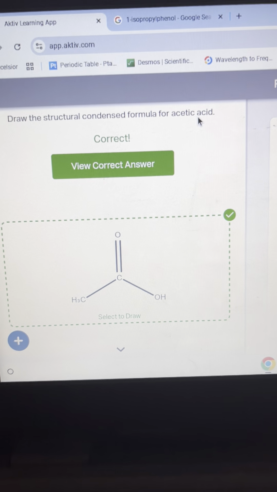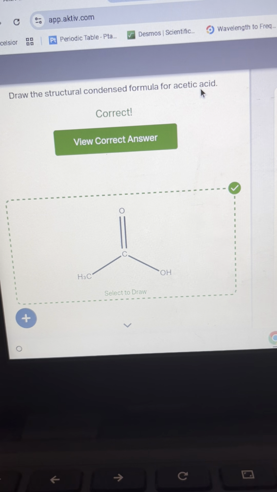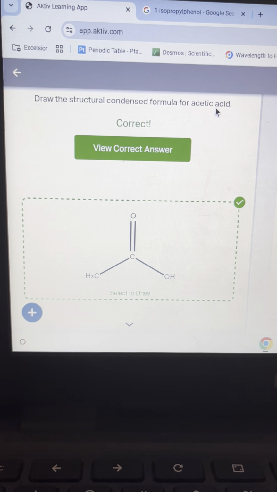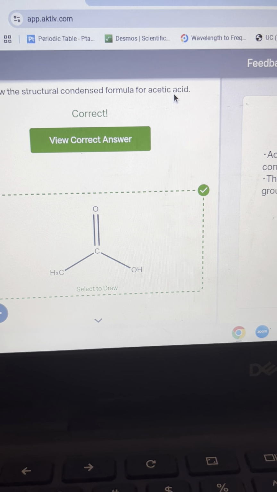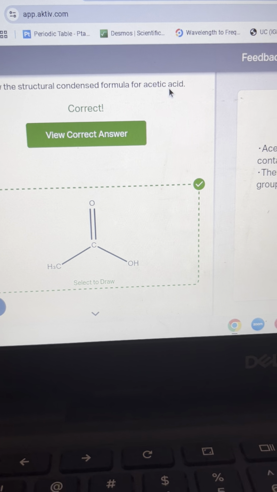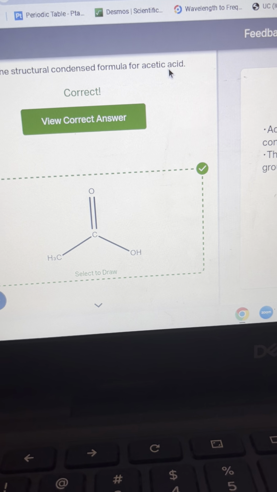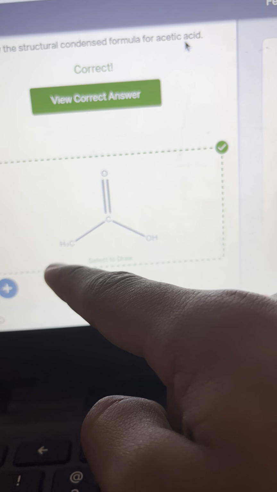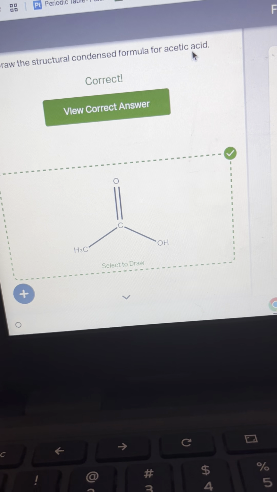So we have acetic. Acetic is just ethane. Remember, ethyl is 2 lines. So ethane is 2 carbons, so we have a 2-carbon chain. We have 1, 2. And then the acid tells us this is a carboxylic acid.